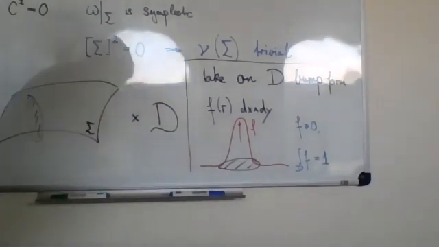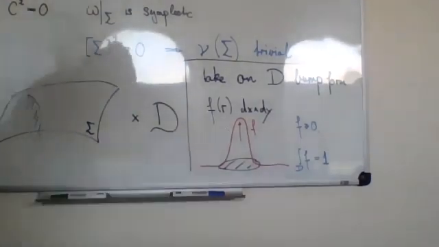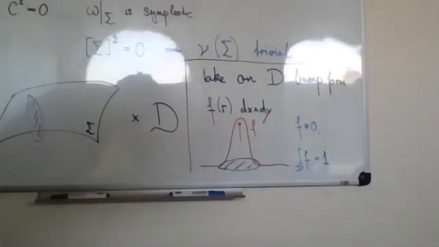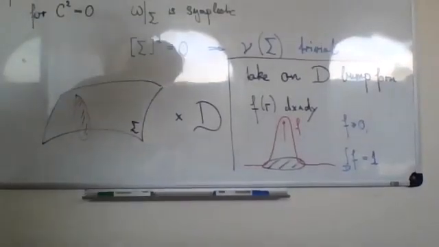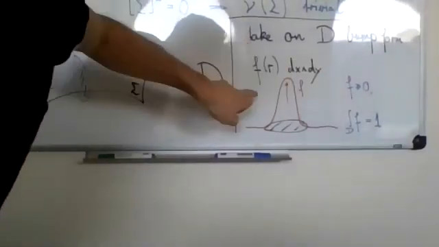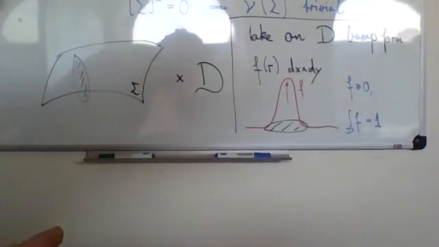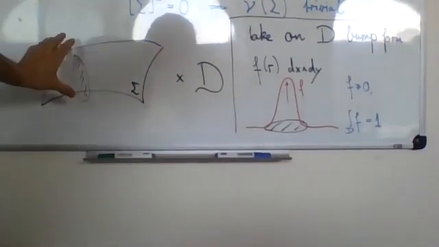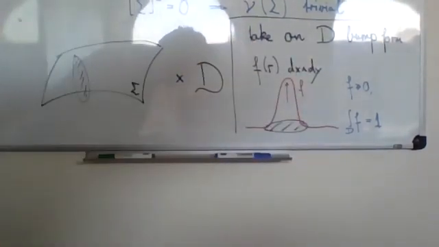And now it's almost done. So we have this f(r) dx dy, which defines a 2-form on M, because just in this tubular neighborhood we take this everywhere, and outside we take 0.